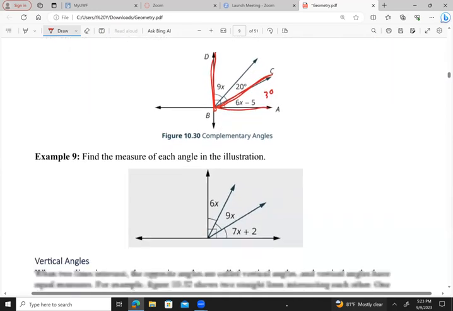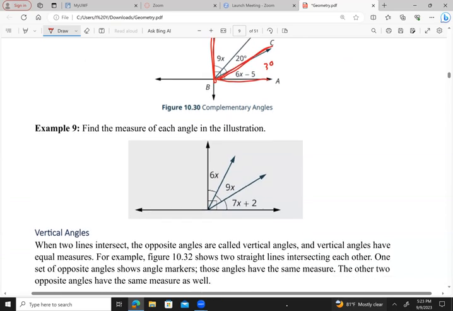Find the measure of each angle in the illustration. So what do we have here? We have three angles measuring 6x, 9x, 7x plus 2. When we add them all together, we're going to get a right angle, right? There's our little symbol. This is equal to 90.